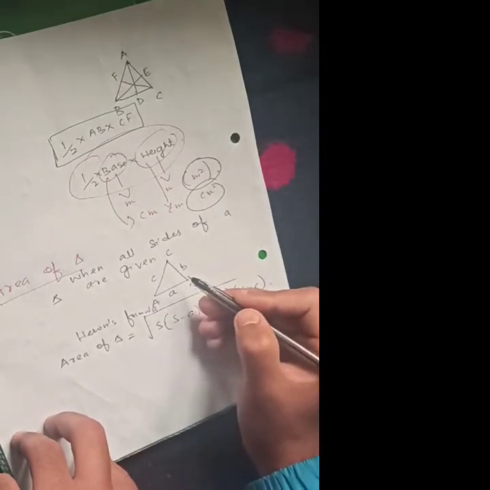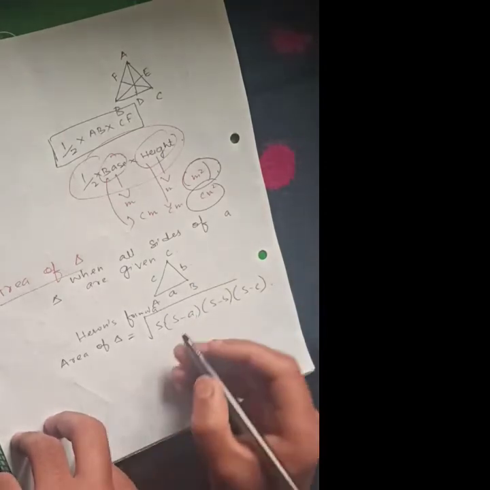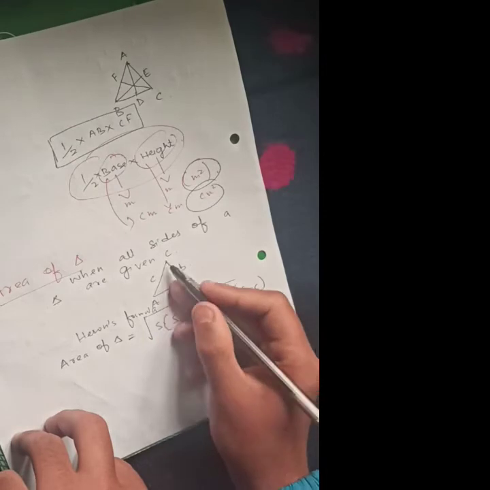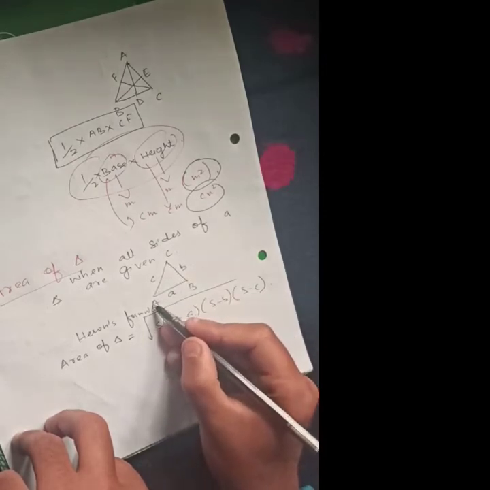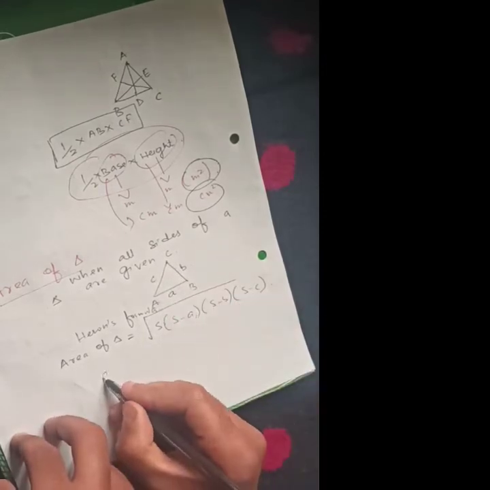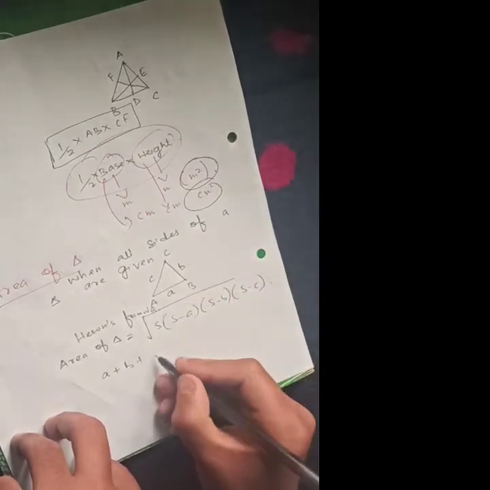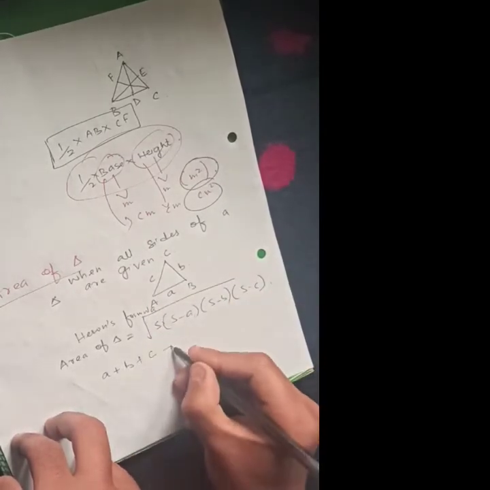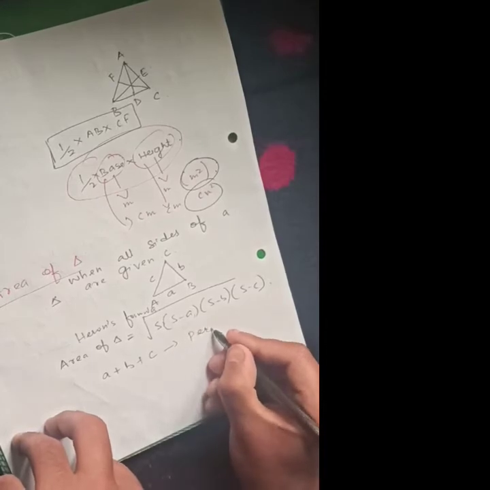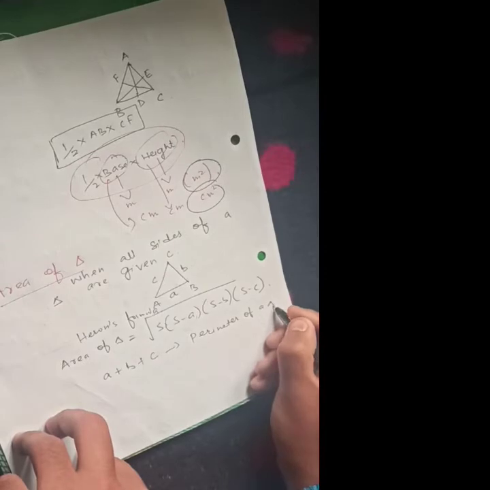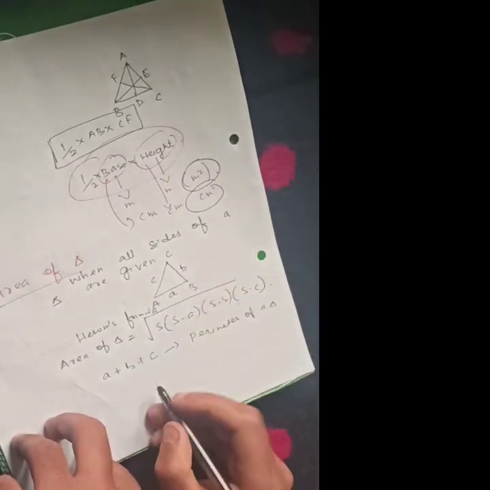The perimeter is the sum of sides AB plus BC plus AC. So the perimeter here is the length of side AB, which is a, plus the length of side BC, which is b, plus the length of side AC, which is c. So this is the perimeter of this given triangle.